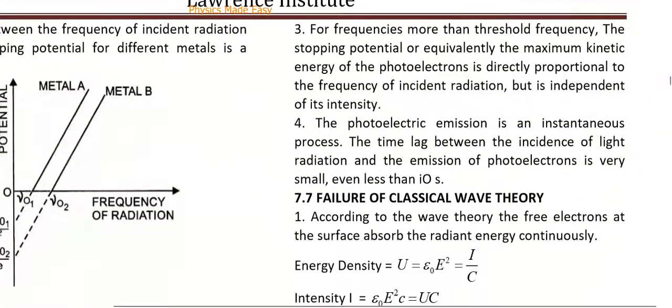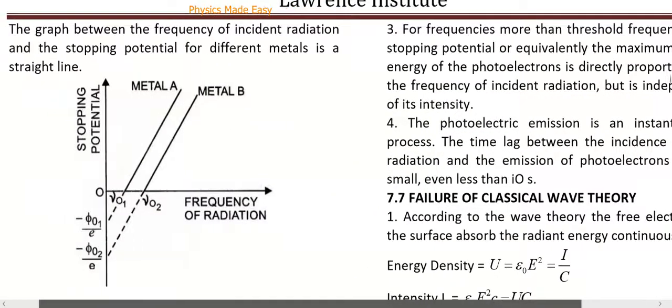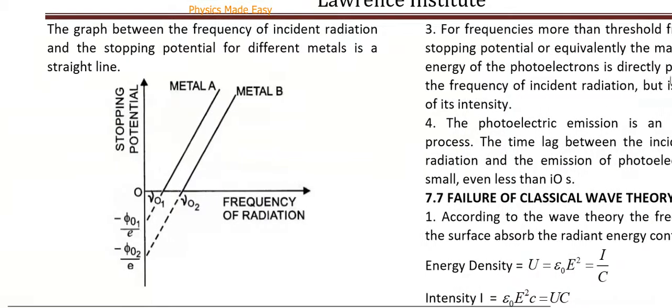Next part here, we have just drawn the graph between incident radiation and stopping potential. Along this axis, I have taken frequency, and along this, I have taken stopping potential Vs. Now we have the famous Einstein equation.